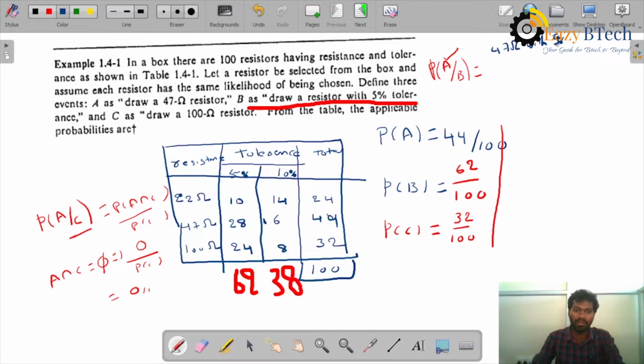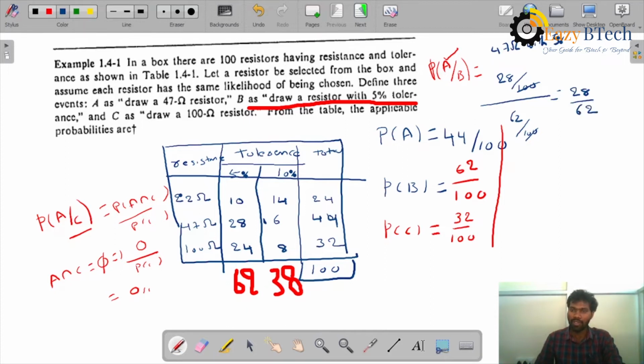How many 47 ohm resistors with 5% tolerance are here? Totally 28. So it is 28 divided by 100, divided by P of B, which we already know is 62 by 100. The 100 gets cancelled, which is equal to 28 divided by 62.